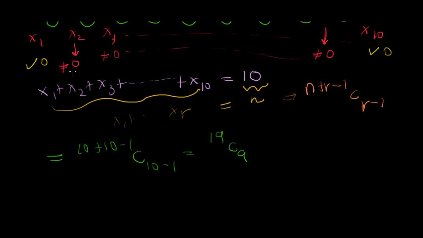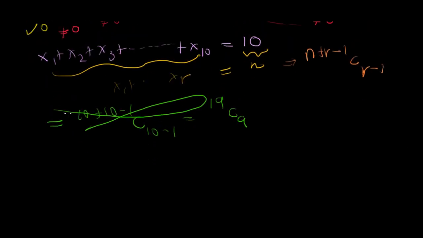That's what we said up here, but this formula includes everything from 0 to n, right? It cannot be bigger than that because they're all positive. So this includes that x2 can be 0, x3 can be 0, x4 can be 0, everything, x1 till x10 can be 0. So that is not what we want. This is wrong. So what to do now?